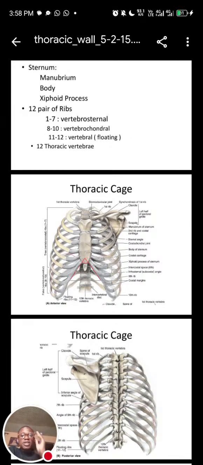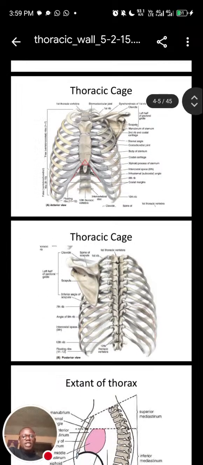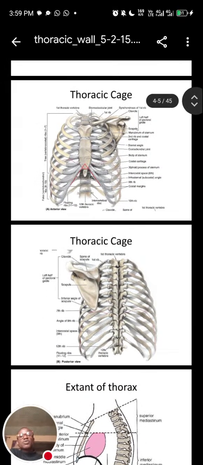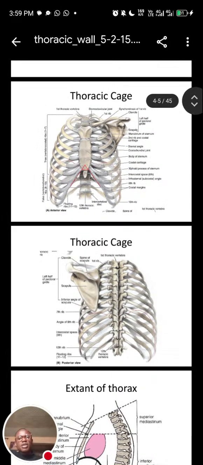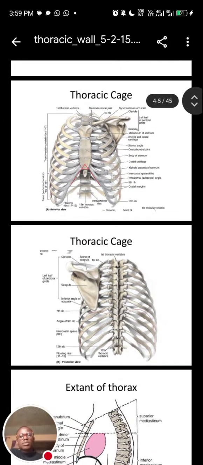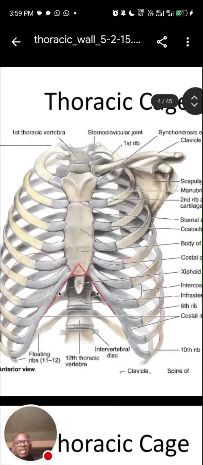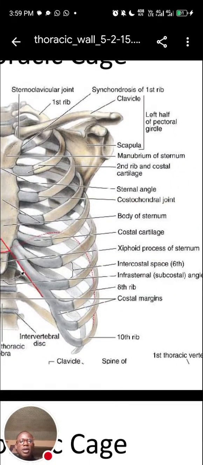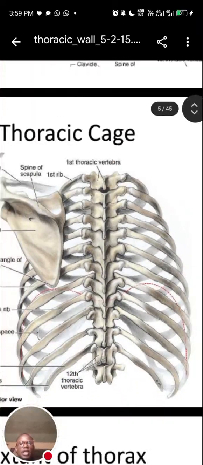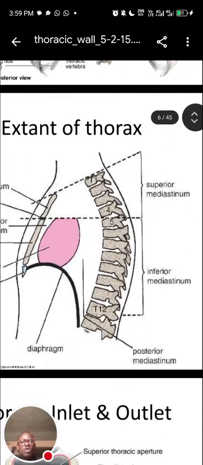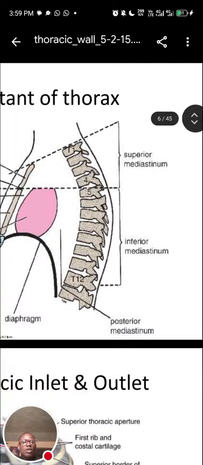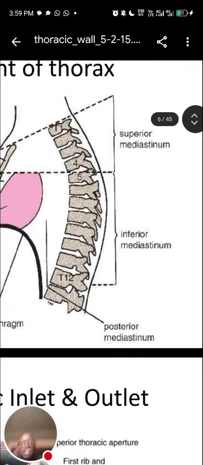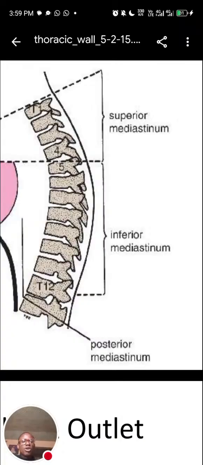We also have the extent. What is the extent of the thorax? The thorax extends from the superior mediastinum, all the way through the inferior mediastinum to the posterior mediastinum.